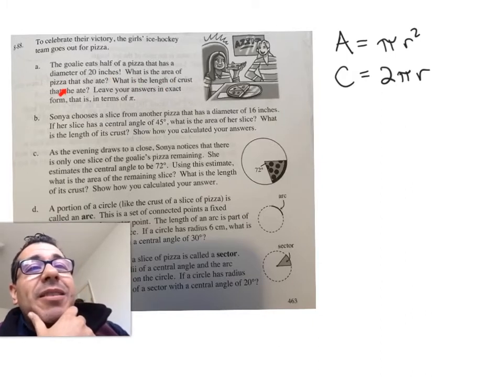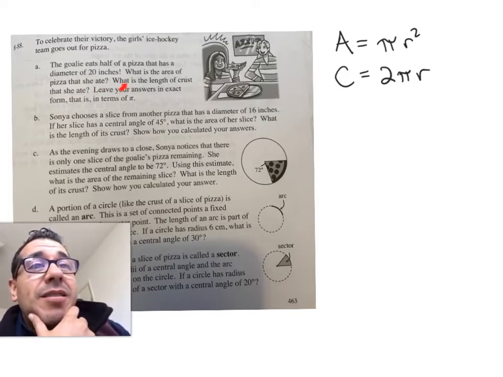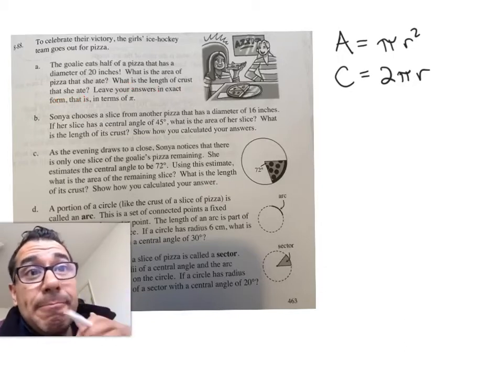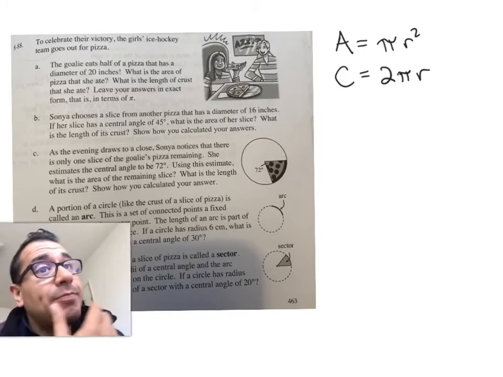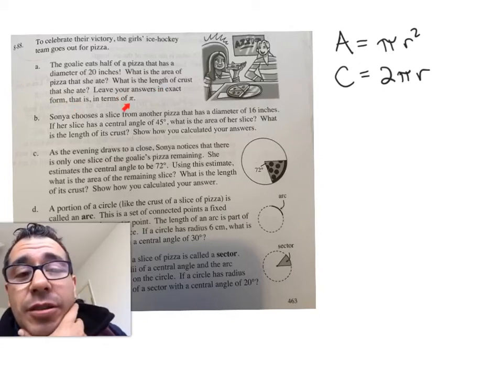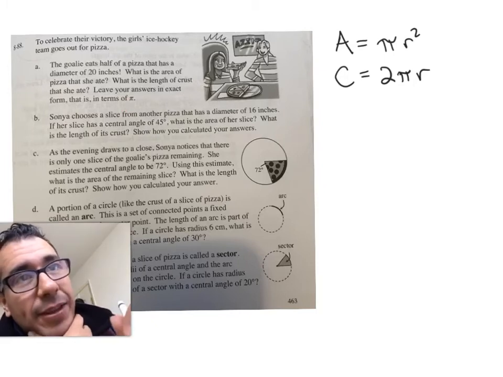What is the area of the pizza that she ate, and which flavor was it? All right. And then they want us to answer, what is the length of the crust that she ate? The big question is, was it stuffed crust? That's what the world wants to know. Leave your answers in exact form, so make sure you write your answer in terms of pi. Pie, pizza, let's dive in.